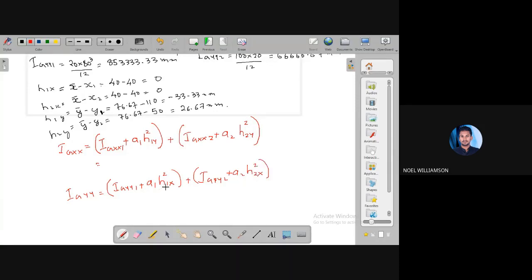So you have to keep in mind that when you are using y here, it will be x there, and when we are taking x, we will get the value for y. These are the general equations, and you have to substitute these values and find the final result. Okay, try to do it.